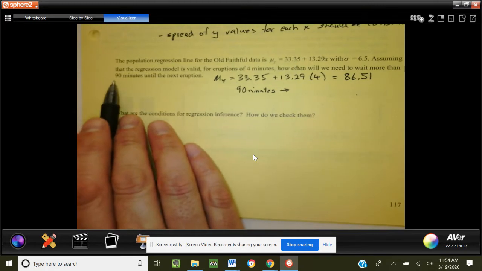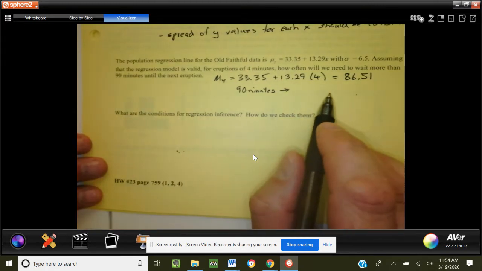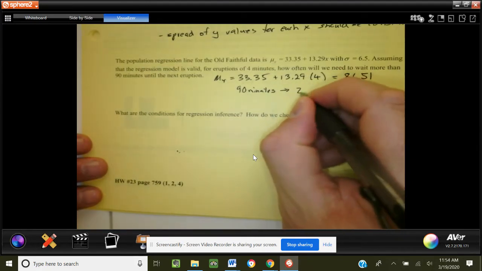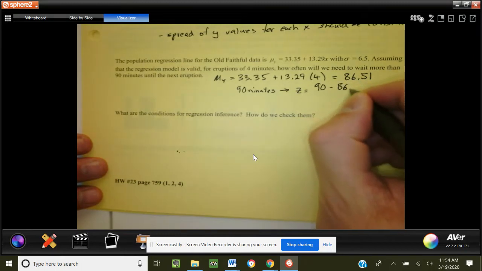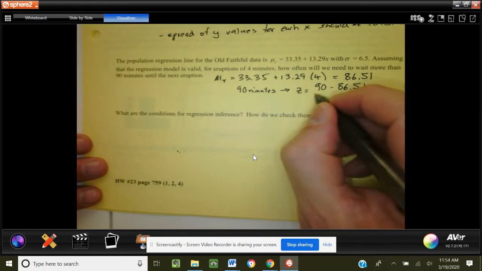What's the probability that our duration would be more than 90 minutes? Okay, probably a pretty high probability. Well, maybe. This is 86.51, which is pretty close to 90. So if we convert that to a z-score, the 90 minutes, we'll do 90 minus the mean of the y values for a 4-minute eruption. Divide that by the standard deviation of the residuals, in this case, which is 6.5, and we get 0.537.